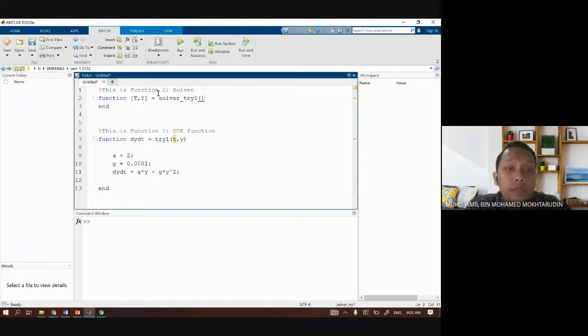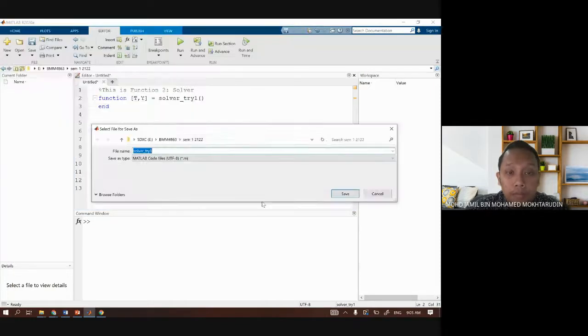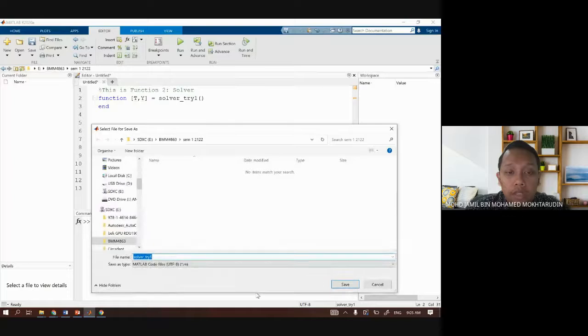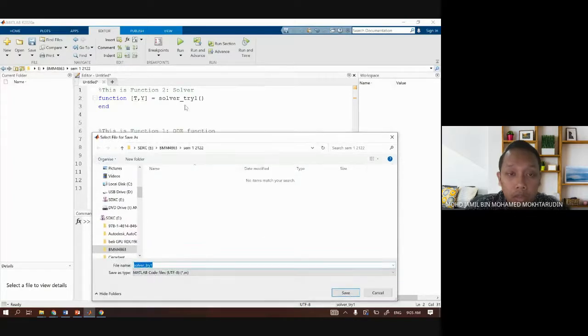When you save your ODE function in this editor, make sure that you save your file using this name, solver underscore try1. If you save it using a different name, then your code may be correct, but you cannot run your code.